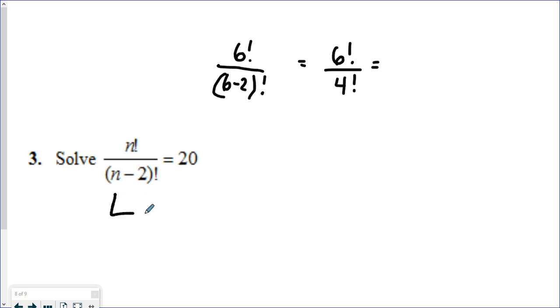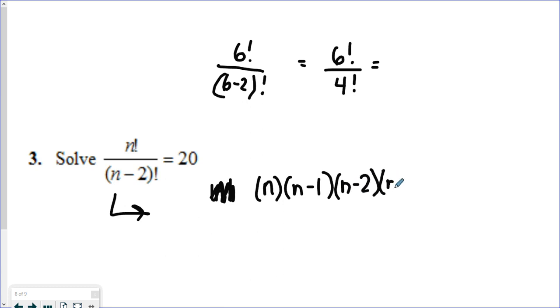But let's look at the algebraic solution instead. We could rewrite n factorial as n times 1 less than that, n minus 1, times n minus 2, times n minus 3, all the way down to 3 times 2 times 1.